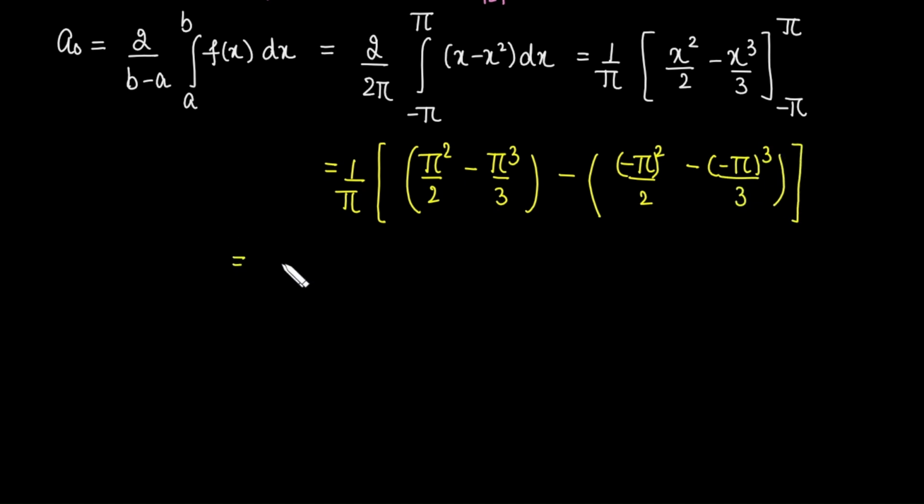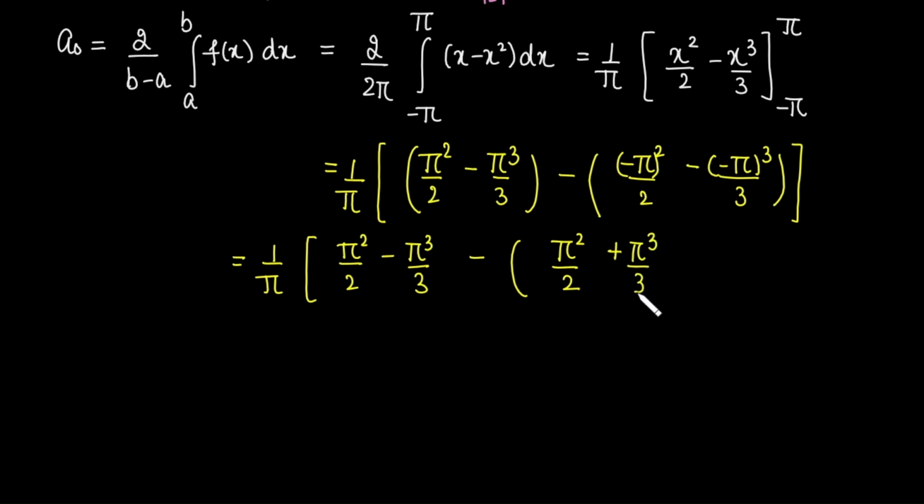So this is equal to 1 upon pi, square by 2 minus pi cube by 3, minus, simplify this, pi square by 2, and here minus pi cube is negative times pi cube, and negative is a positive. So we have this form.